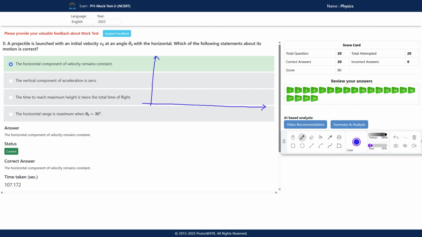When we throw a ball with initial velocity u, it follows a curved path, making angle theta with the horizontal x-axis. This curved path from point O to point A is the trajectory of the projectile, and there is only acceleration along the y direction, vertically downward, and there is no acceleration along the x-axis, ax is equal to 0.